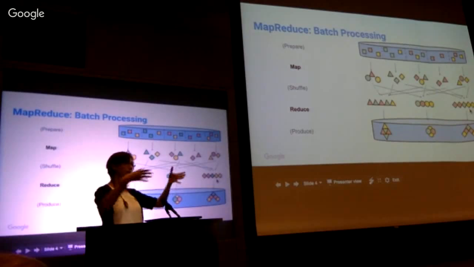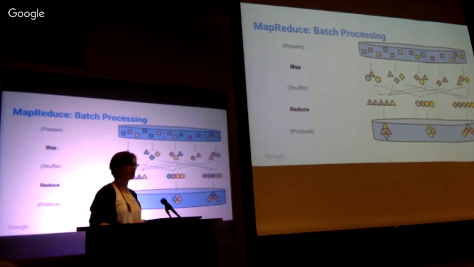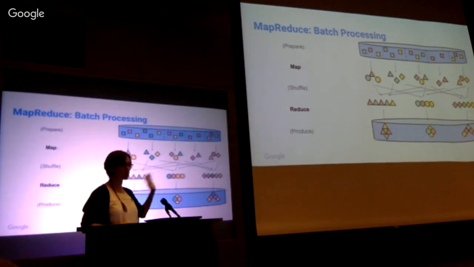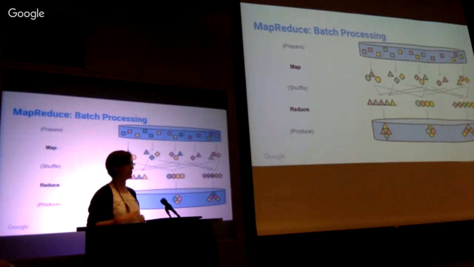And then you apply a reduce operation on this grouped data and produce the final result. This was very powerful. It enabled people to go through lots of logs easily. And lots of people in Google used it. And in the open source world, we got Hadoop, which implemented this model, and now it's available to the rest of the world.